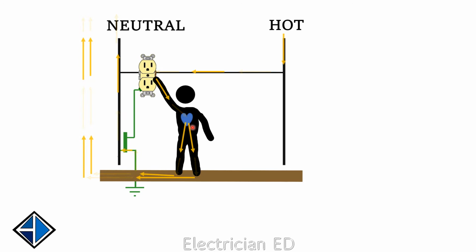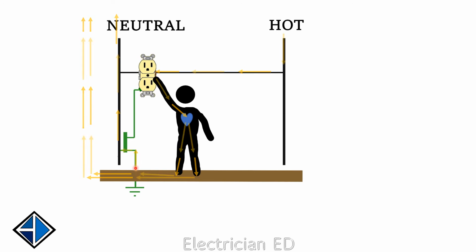I'm showing a splitting here because at every point of contact you've got multiple parallel paths through your body and also through the ground. Here's one pretty good path coming up the grounding electrode conductor through the grounding system, main bonding jumper, to the neutral conductor and back to the source.